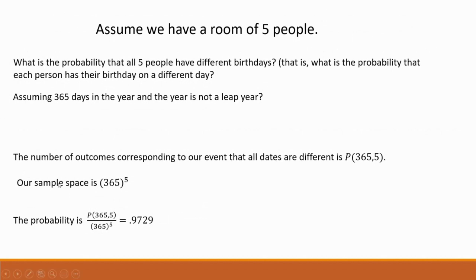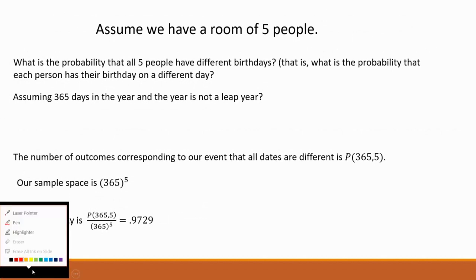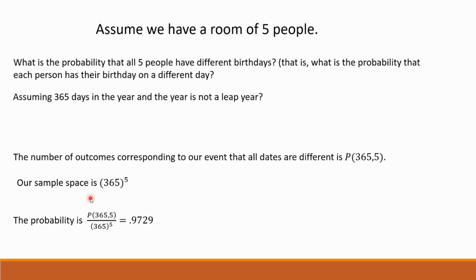Okay, so our sample space, since the experiment is we're asking each person when their birthday is, is 365 to the 5th. For each person, there's 365 possibilities.